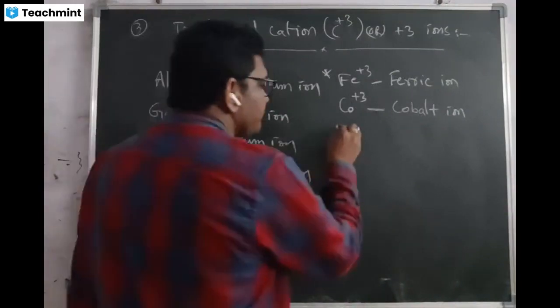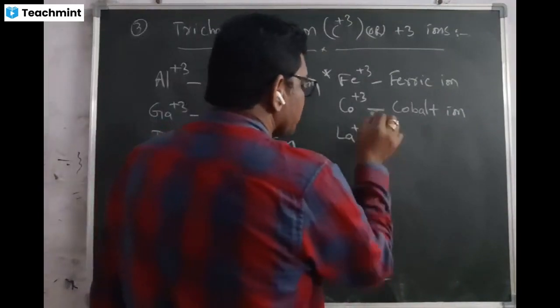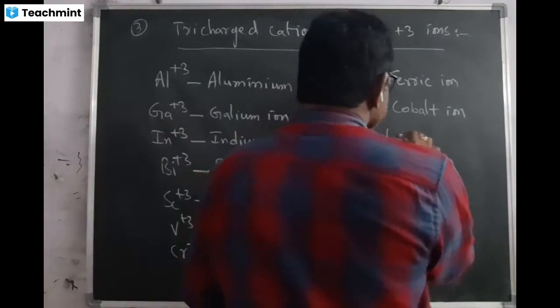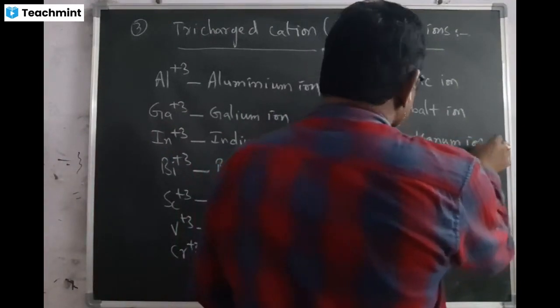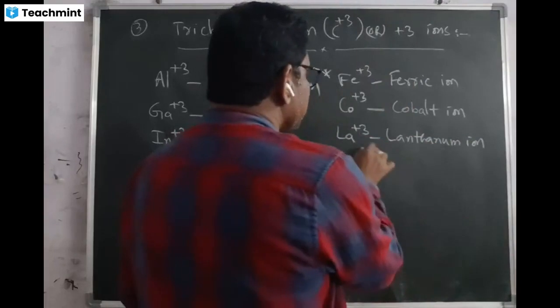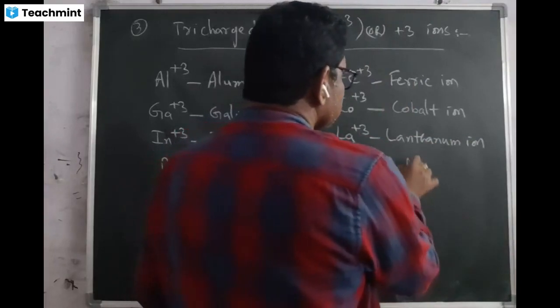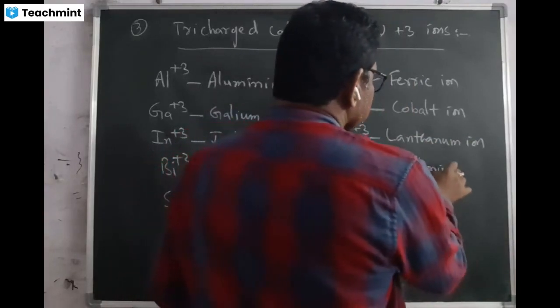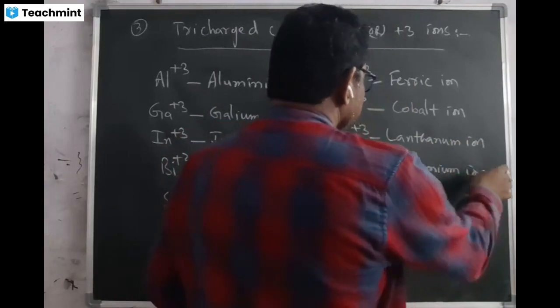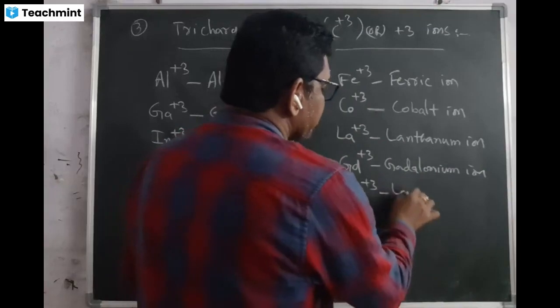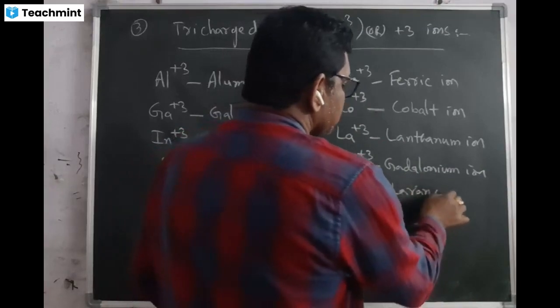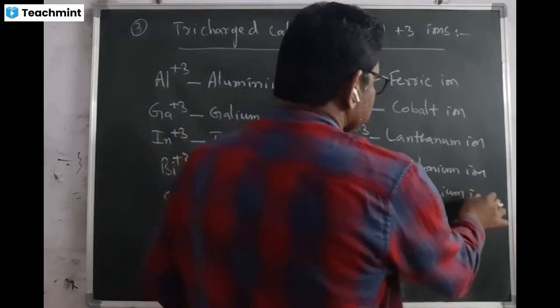Okay, like this, you may have some other plus three ions. This is lanthanum ion. Gd plus three, gadolinium ion. Lr plus three, lawrencium ion.